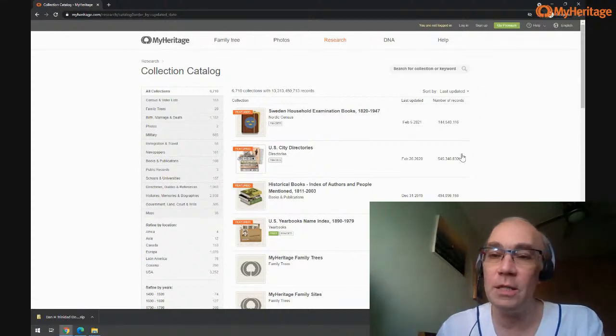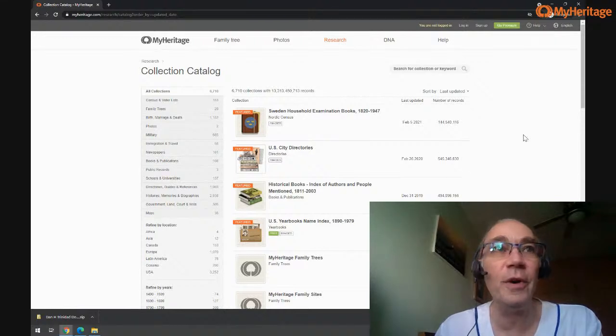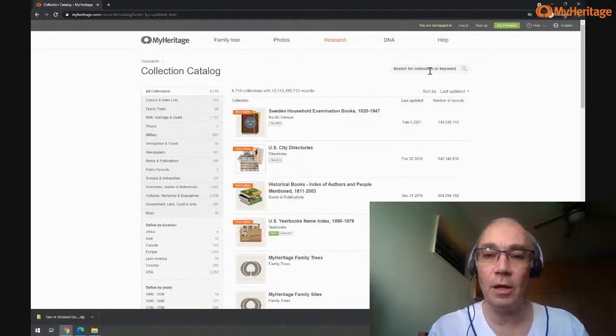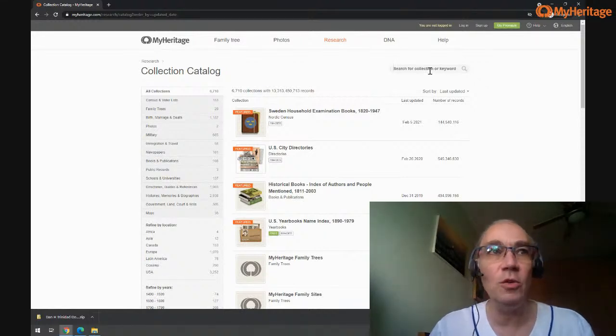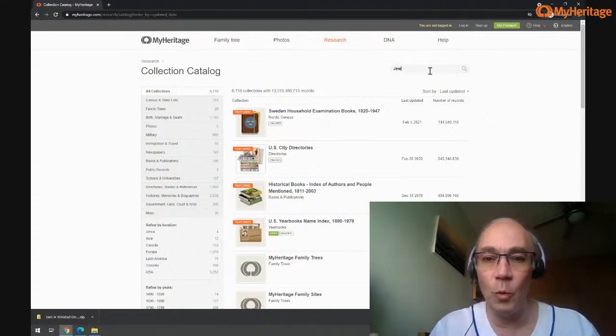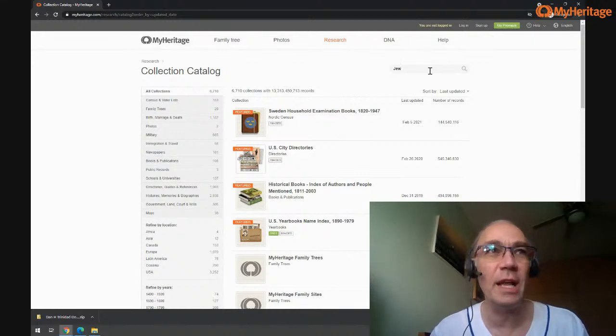So here is probably the best tip that I can give you to find Jewish records on MyHeritage. On the top right side of the screen, you will find a search bar where you can put any word. I'm going to use a 3-letter word, and I know that a 4-letter word would be a bad word, so I'm only using 3 letters, J-E-W.